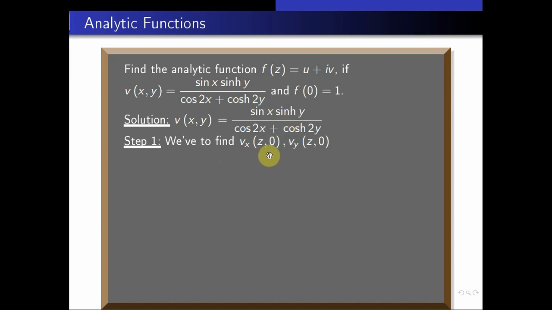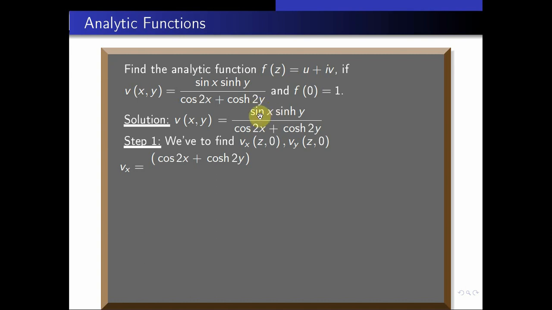After finding these, we have to apply these two in a formula where we can find this f of z. I am going to differentiate this partially with respect to x. Vx is equal to, which means that I am differentiating this partially with respect to x. So use the quotient rule formula. We know the formula (v u dash minus u v dash) by v square. So I will write the denominator term as it is: cos 2x plus cosh 2y into the differentiation of the numerator with respect to x.